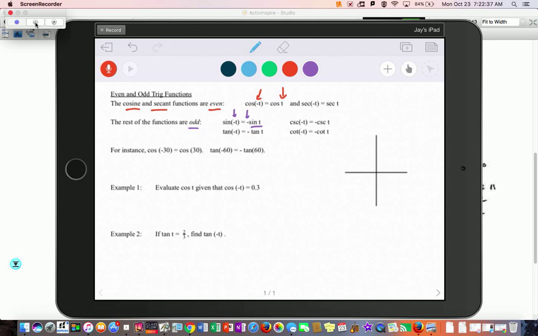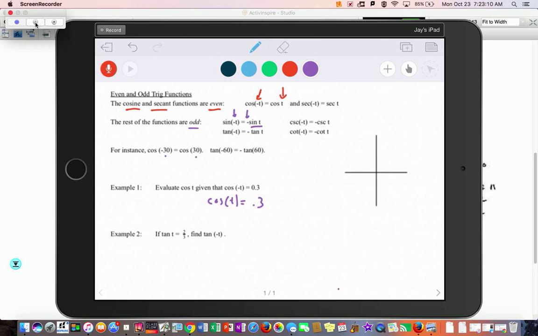So let's take a look at this one now. If somebody's doing, for instance, the negative 30 and positive 30 end up being the same inputs. So evaluate the cosine of t, given that cosine of negative t is 0.3. Well, basically what this is telling you is that the cosine of t and the cosine of negative t are supposed to be equal, so cosine of t should also be 0.3.